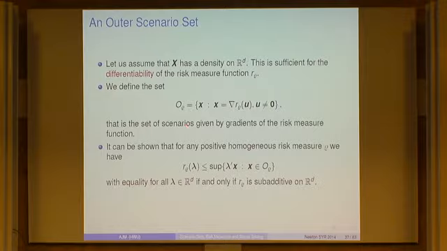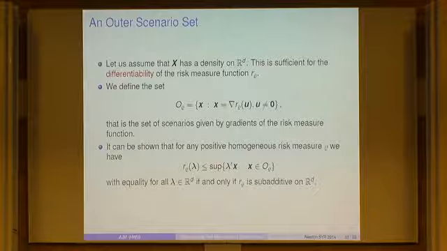And for any risk measure, I define a set O. You can think of O for outer. And the set O is basically the points which are all given as gradients of the risk measure function for different directions, as it says underneath here. Now, what you can show is that for any positive homogeneous risk measure rho, the risk measure is bounded above.